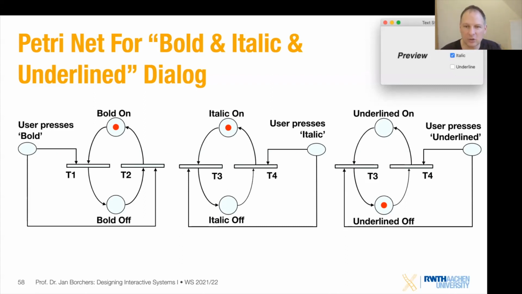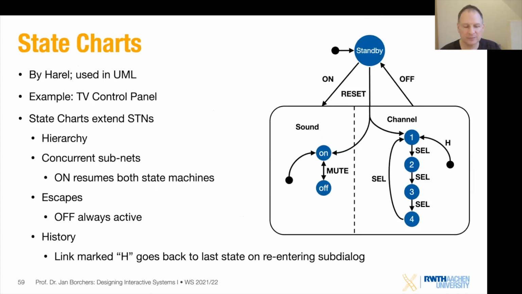And these things are called state charts. They were introduced by Harel, but as I said, UML uses them. And they do extend STNs with three different things. So they're basically state transition networks or finite state machines with three extensions. The first one is hierarchy.